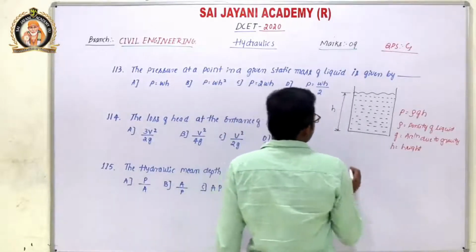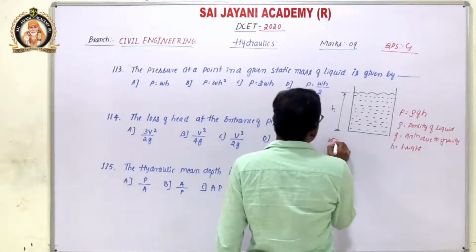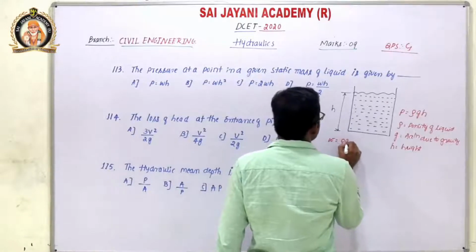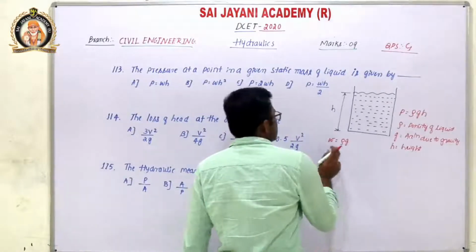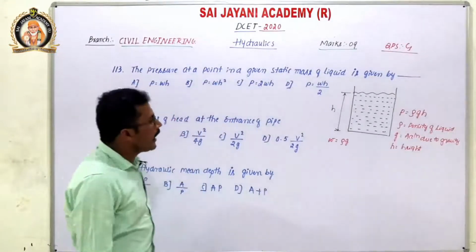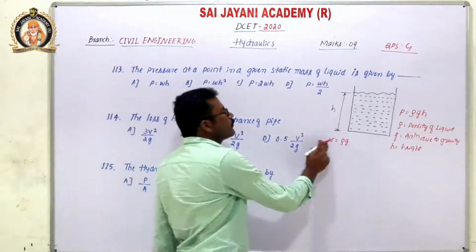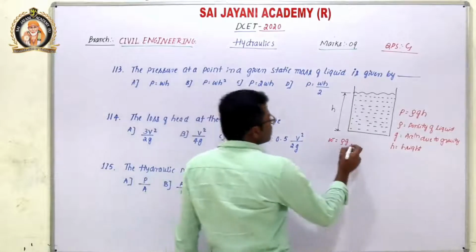So we know that specific weight is equal to rho into g. So the product of density of a liquid and the acceleration due to gravity is given by specific weight. So what is specific weight?